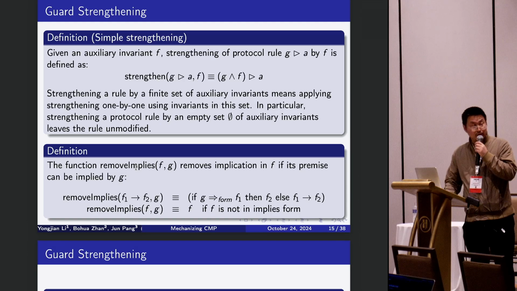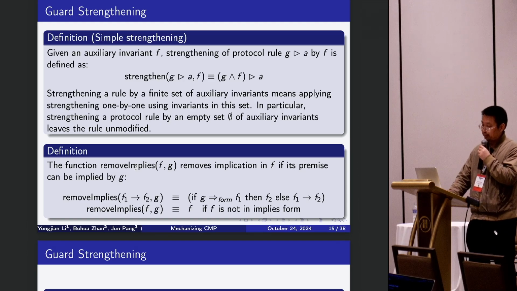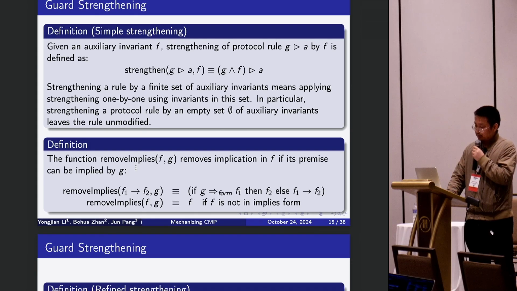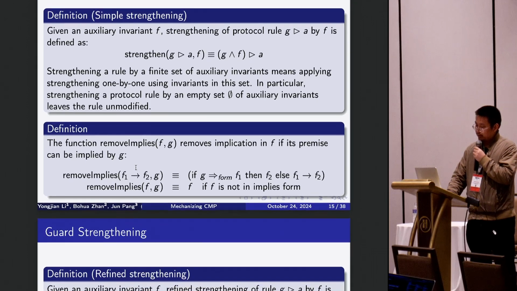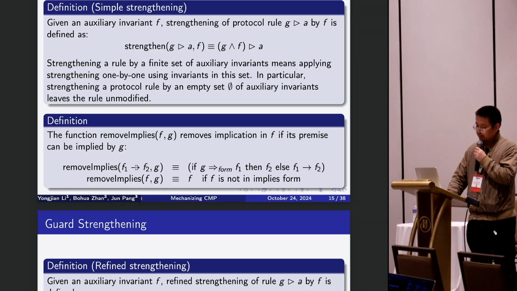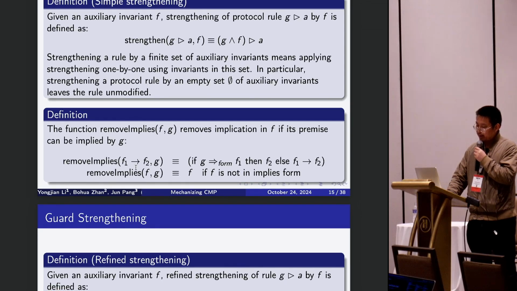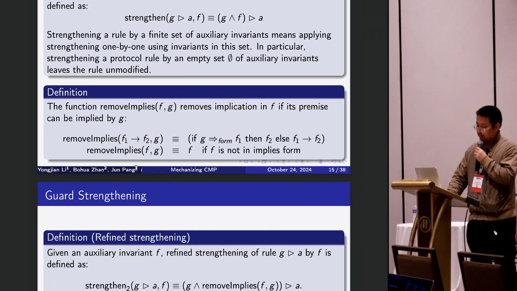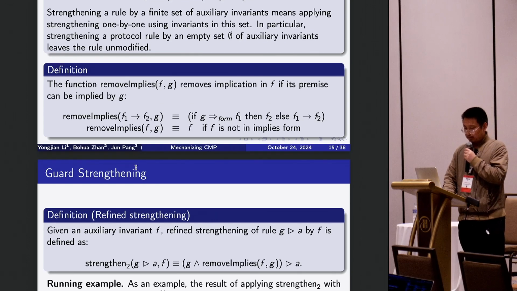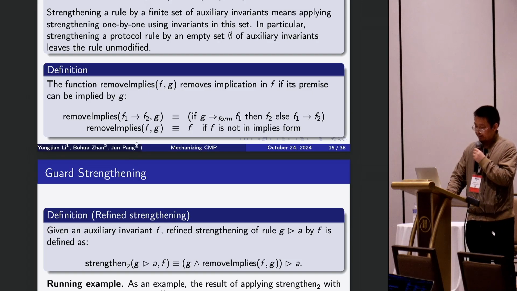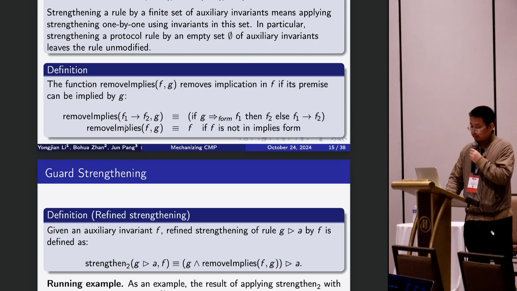An invariant formula is an implication formula, and we can simply add the formula into the guard of the rule. The second guard strengthening: we can add the conclusion of the invariant into the guard of the rule, if the guard can imply the antecedent of the invariant.